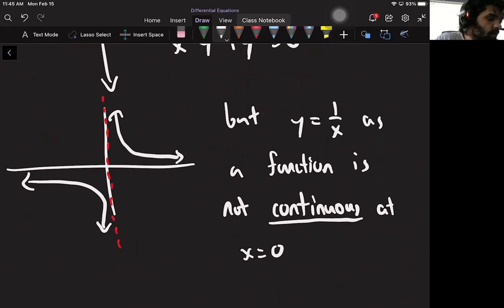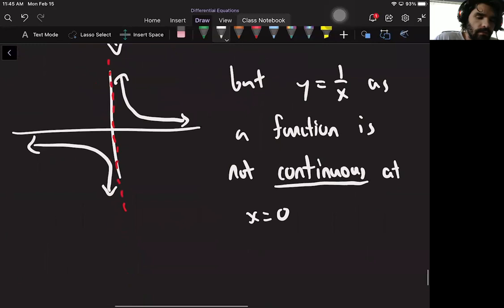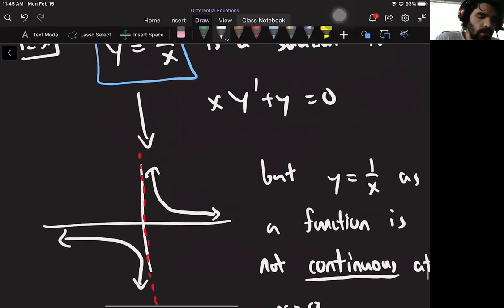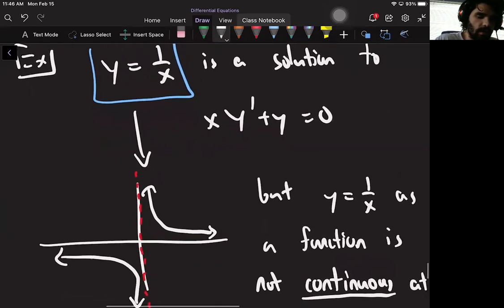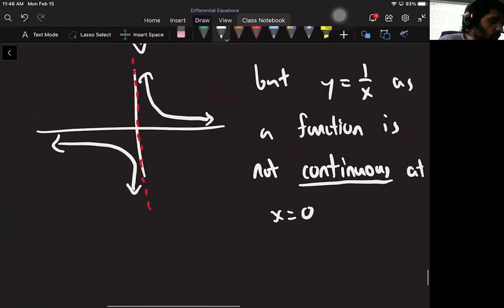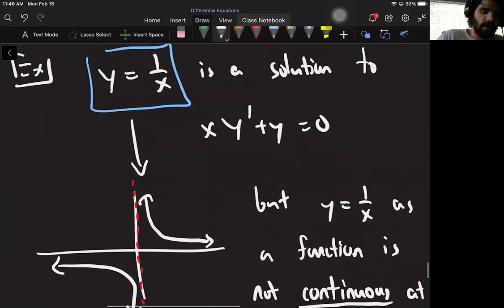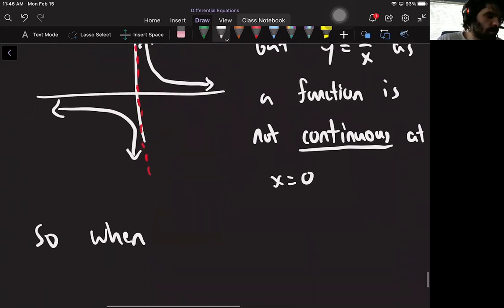At this level, that's what that means. So when we say that this is a solution, we have to be a little bit careful. It's not always a solution. So we have to say where it's a solution as well, because it doesn't solve the differential equation if x is 0.